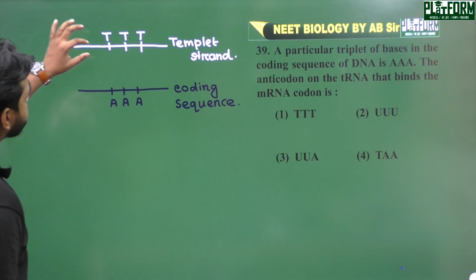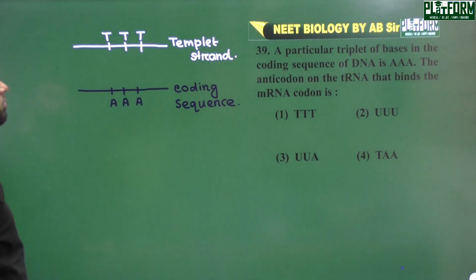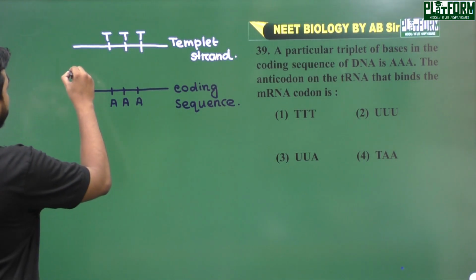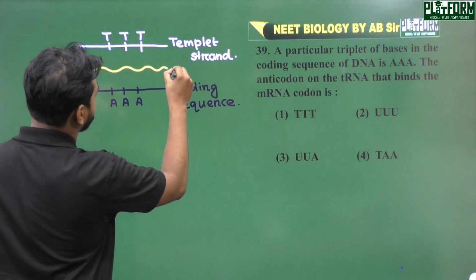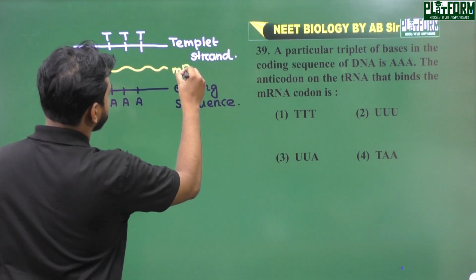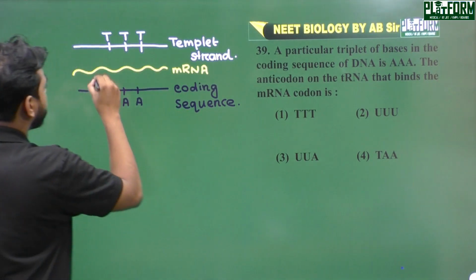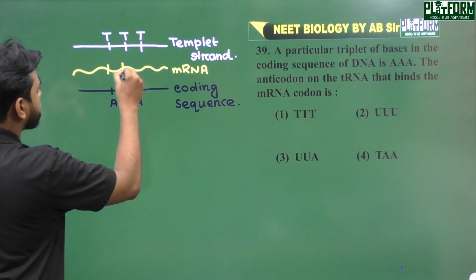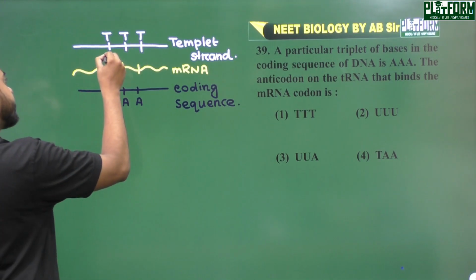Now when this template strand at the time of transcription produces the mRNA, let us assume this one is a mRNA molecule. So definitely the nitrogen base which is present in the mRNA molecule is opposite to the template strand.